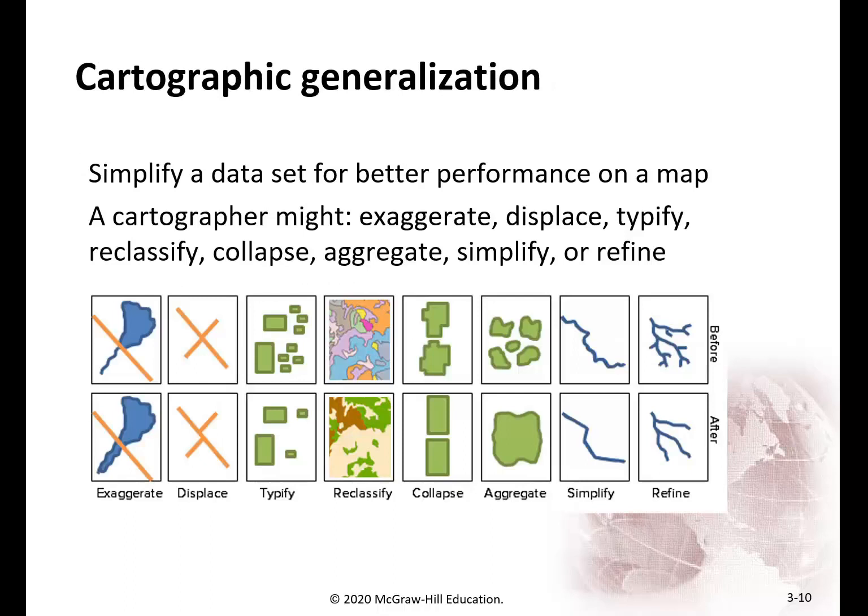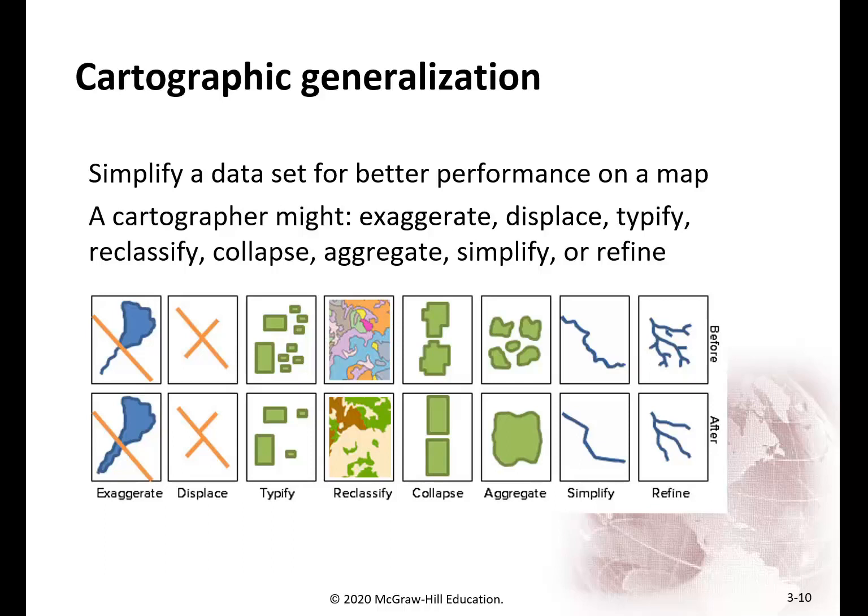So it's important when we are looking at how we are symbolizing our data, or depending on which layers we are using, some data layers are going to be best used for either a small-scale map or a large-scale map.